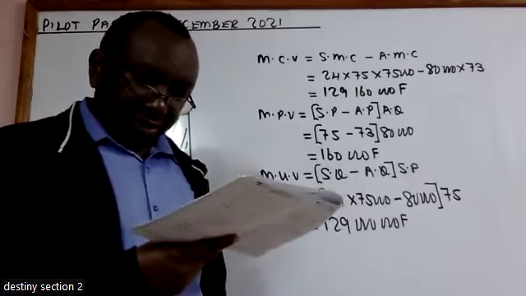Ndio namna hiyo, unitumie the total down there. Yeah, 3410.8.